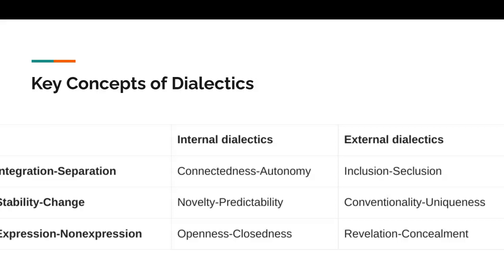And then there's also that conflicting desire, each person also wants their autonomy. And then when we look at it in the external category, the couple may have conflicting states of wanting to be included in certain things in their environment and in the community, but then they also want to keep secluded and just remain alone and with just each other.